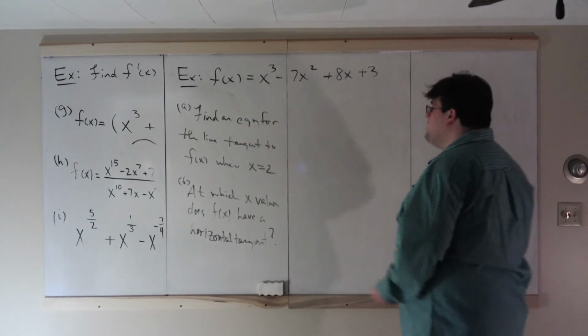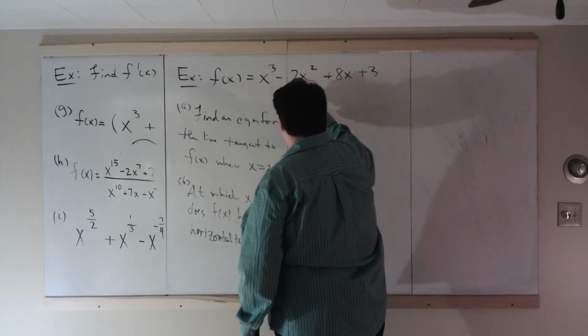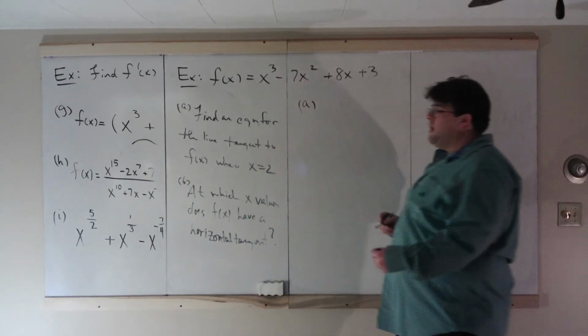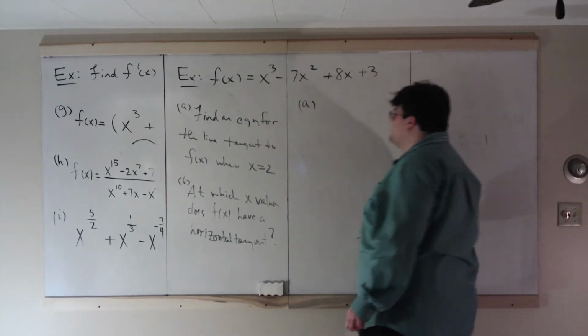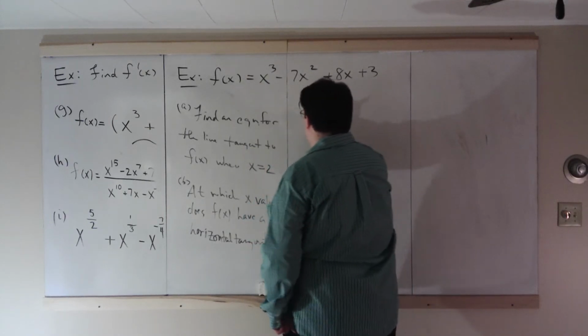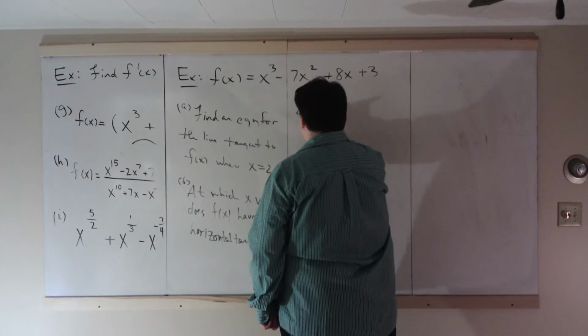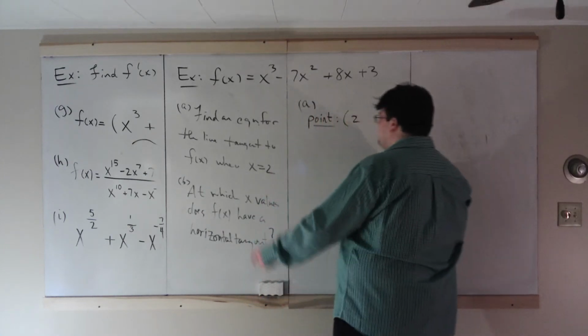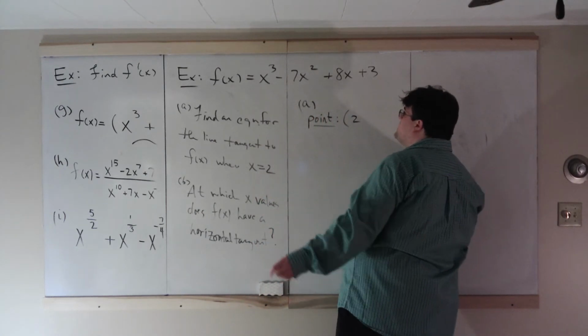Well, for part A, for an equation for a tangent line, we need a point and a slope. Well, the point is given when x equals 2. What do we get when x equals 2?